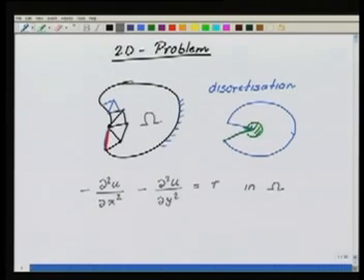I have deliberately chosen, with respect to our earlier model problem, a11 is equal to 1, a22 is equal to 1, and a12 is equal to 0. Okay, this is just to fix ideas. Everything else will follow.